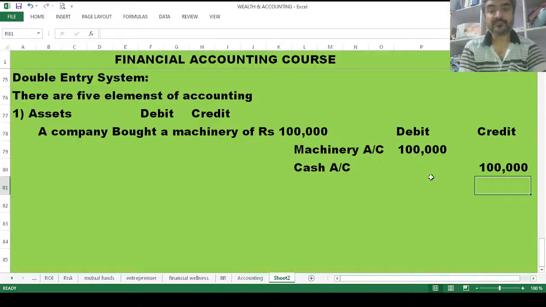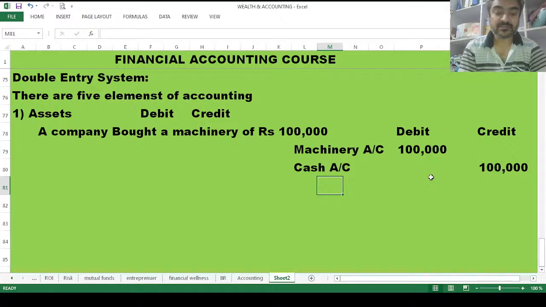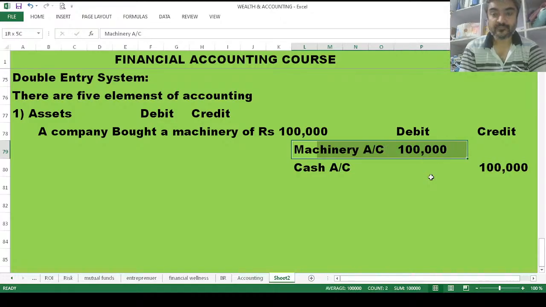You need to remember that whenever the company purchases an asset, that is, the asset is coming into the business, we always debit this asset account. On the other side, if an asset goes out of the company, we always credit this asset.